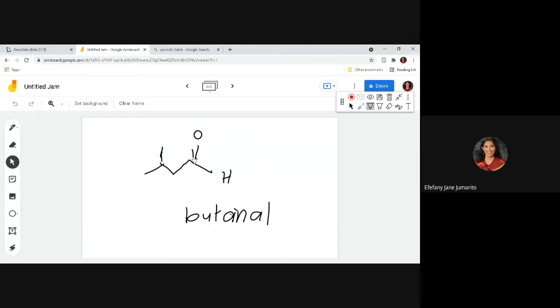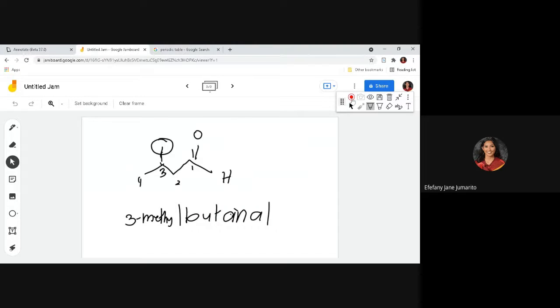Okay, so let's count 1, 2, 3, and 4. So our substituent is what? This one. So we have 3-methyl butanal. Okay, that's it. So that is our 3-methyl butanal.